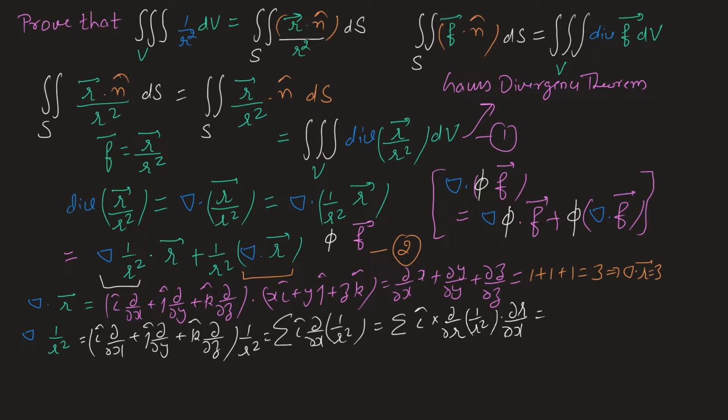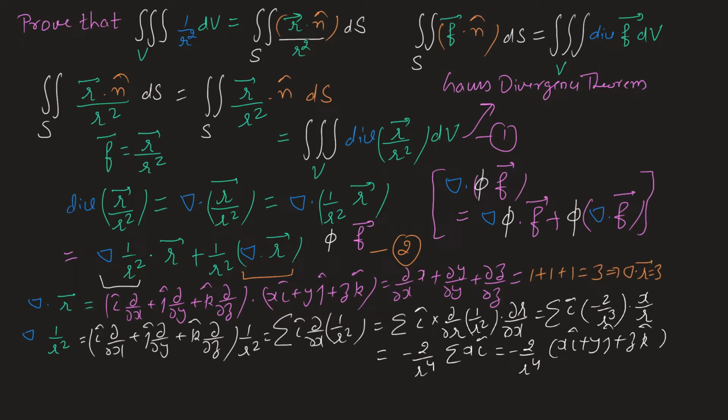Further, this is equal to i times the differentiation of 1 by r square, which is minus 2 by r cube, and curly r by curly x is x by r. So this is equal to minus 2 by r to the power 4 times the summation of x i. Now reopening the summation, this will be x i cap plus y j cap plus z k cap, which is equal to minus 2 by r to the power 4 times r vector.